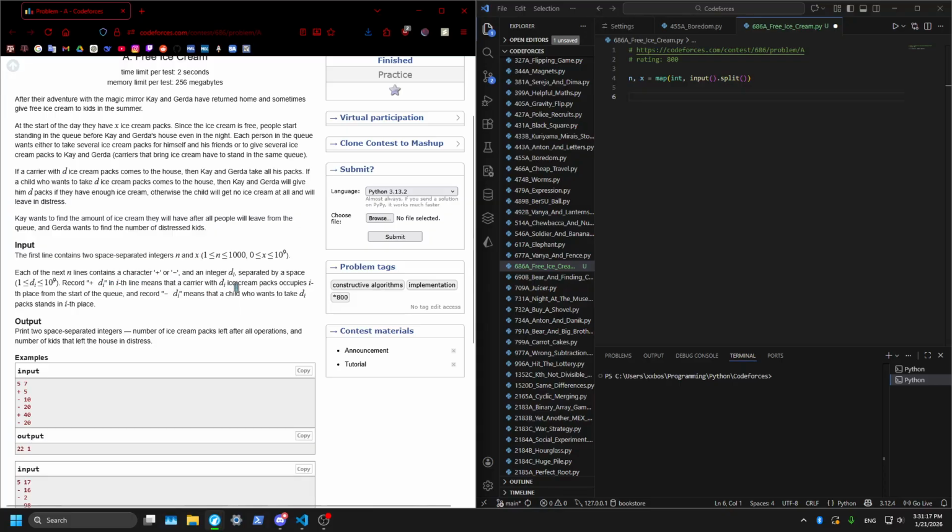Character with the ice cream packs occupies the ith place from the start of the queue. Minus means child. So plus is a carrier, minus is a child. What is x? I'm assuming it's the amount of ice cream to start with.